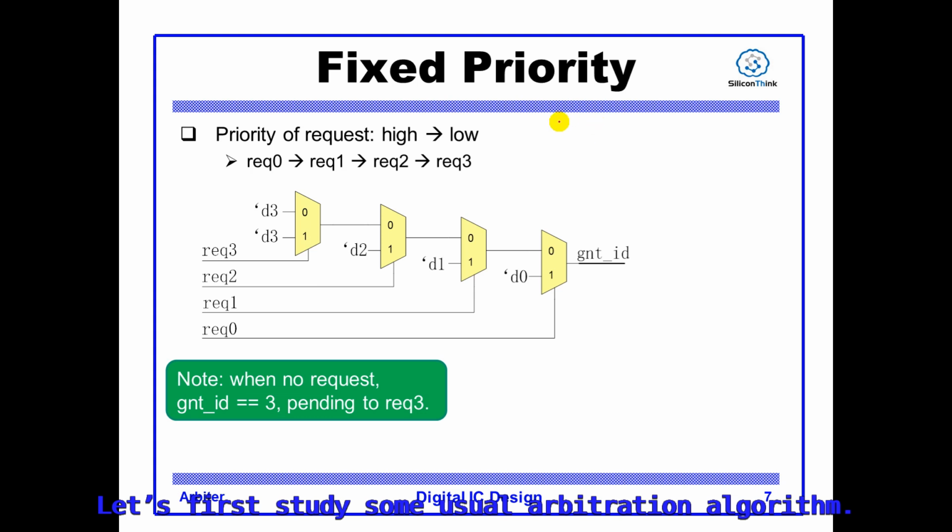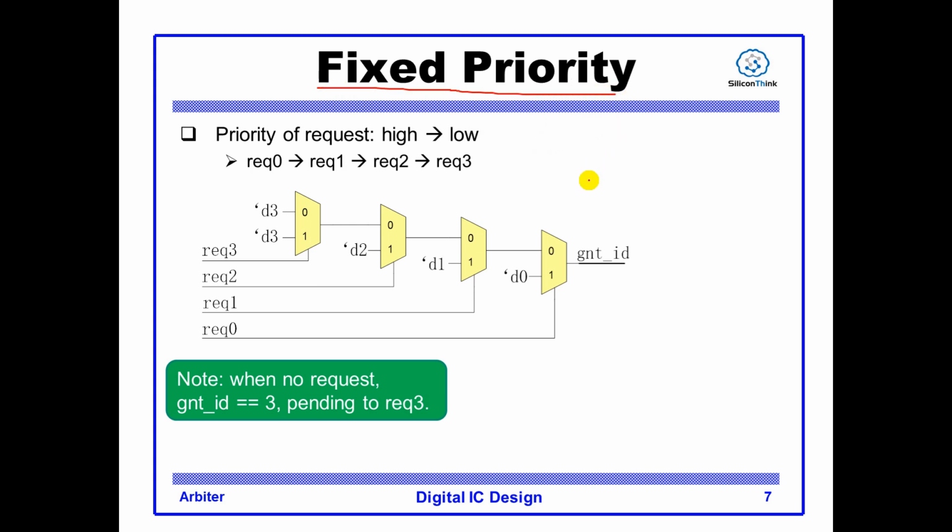Okay, let's first study some arbitration algorithms. The first one is fixed priority. What is fixed priority? It means the priority of each request is fixed at design time. You can define the priority of the four requests from high to low.